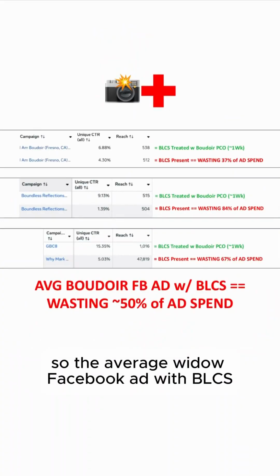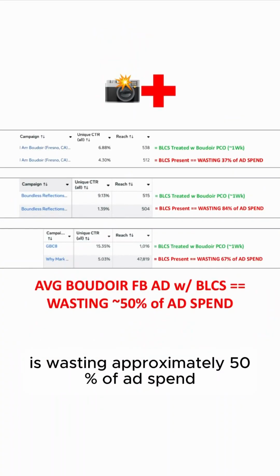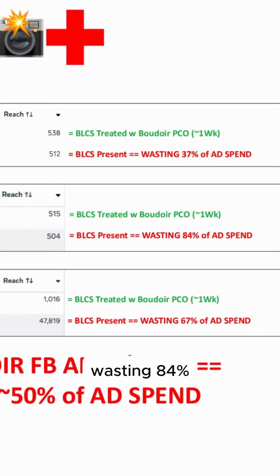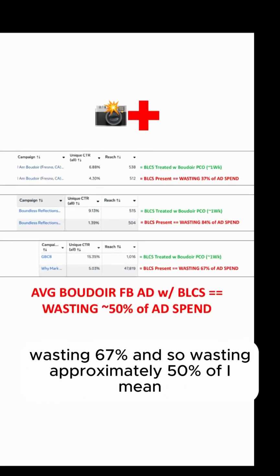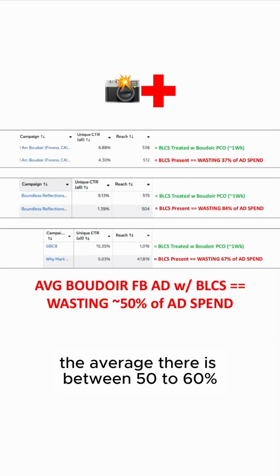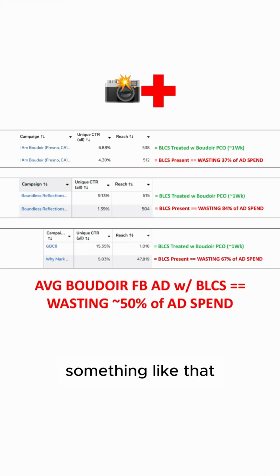So the average Boudoir Facebook ad with BLCS is wasting approximately 50% of ad spend. I mean, look at these numbers, wasting 37%, wasting 84%, wasting 67%. So wasting approximately 50% of it. The average there is between 50 to 60%, something like that.